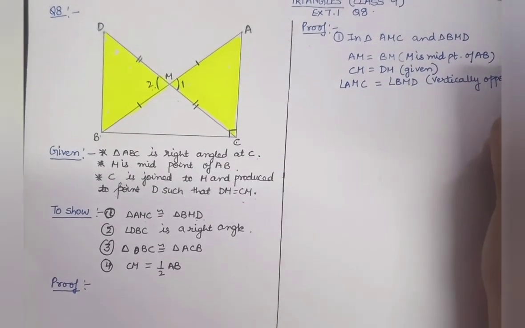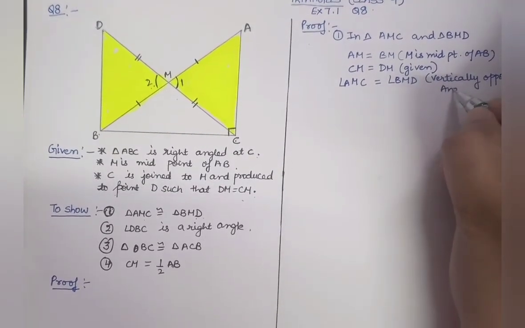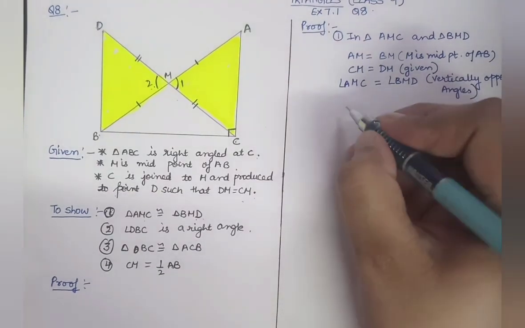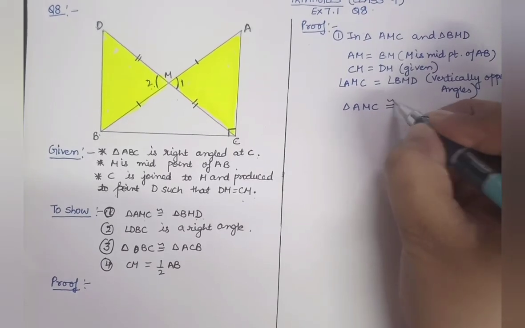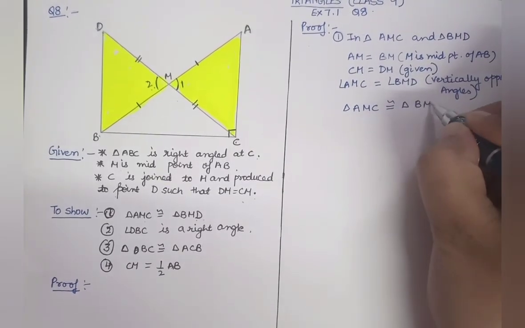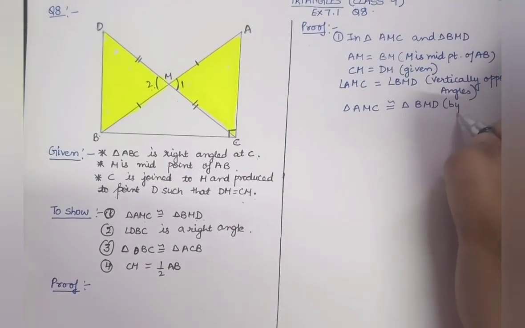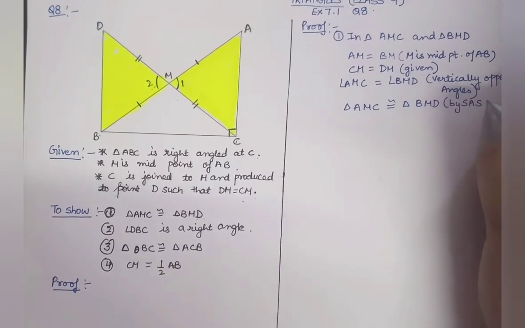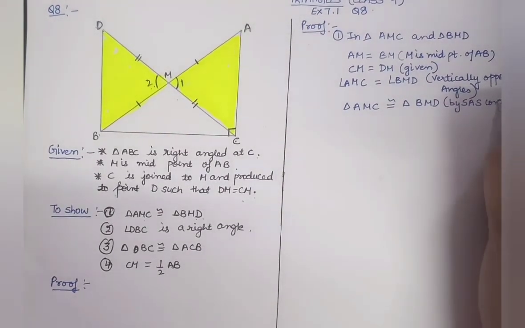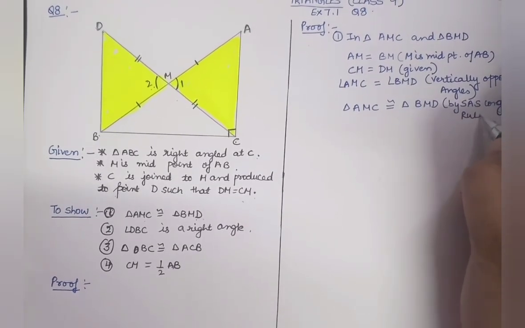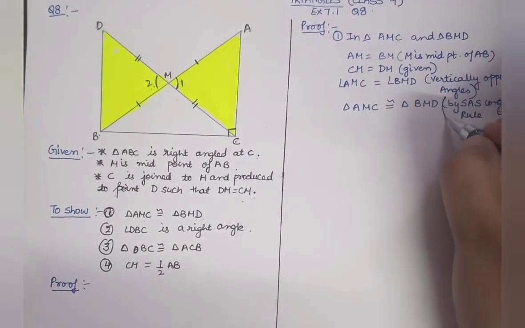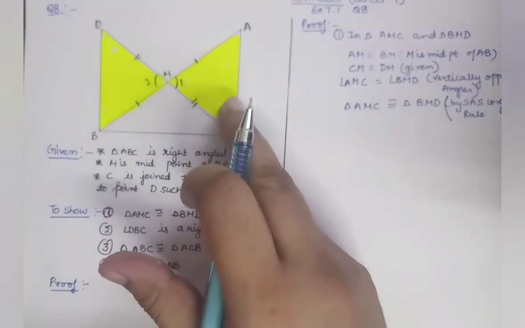So the two triangles become congruent by SAS congruency rule. So triangle AMC is congruent to triangle BMD by SAS congruency rule, or criteria, whatever you want to write. So once the triangles are congruent, we can move on to the next part. This proves the first part.